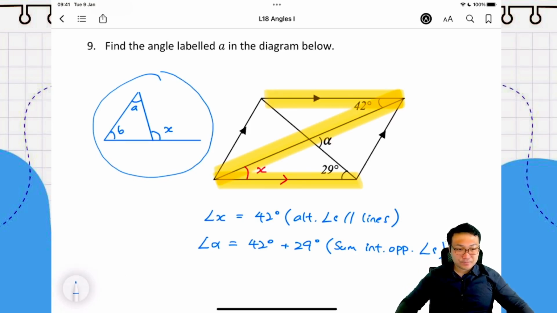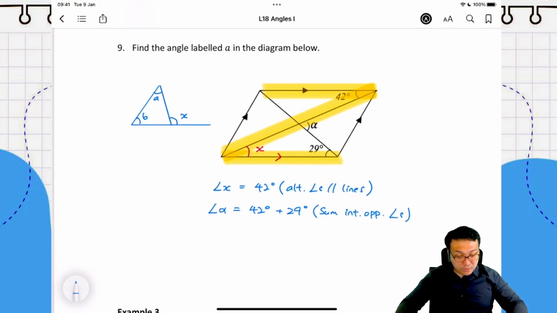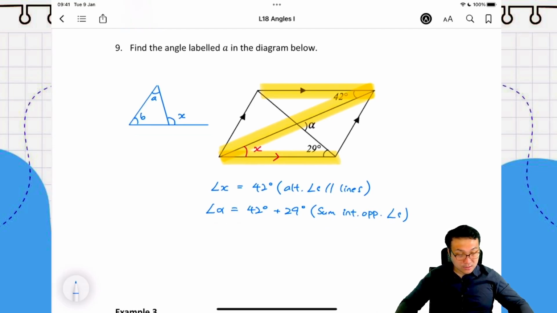So students, knowing the rule and being able to identify it are two different things, right? You know the rule, but you must also know how to identify it in the question. Then that will save a lot of time for you.